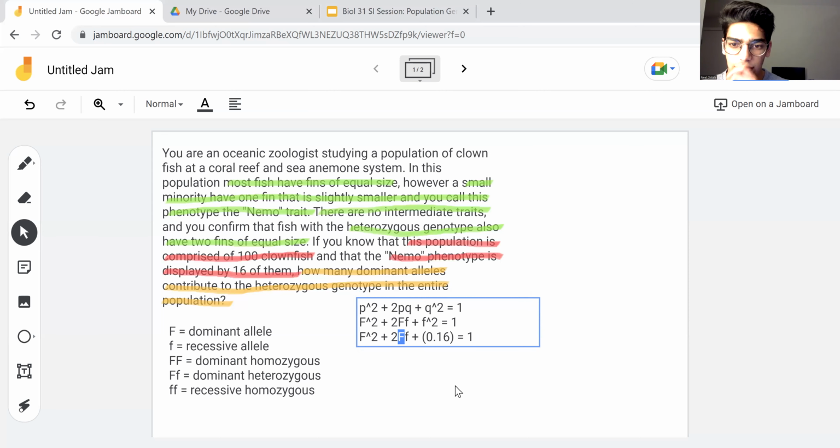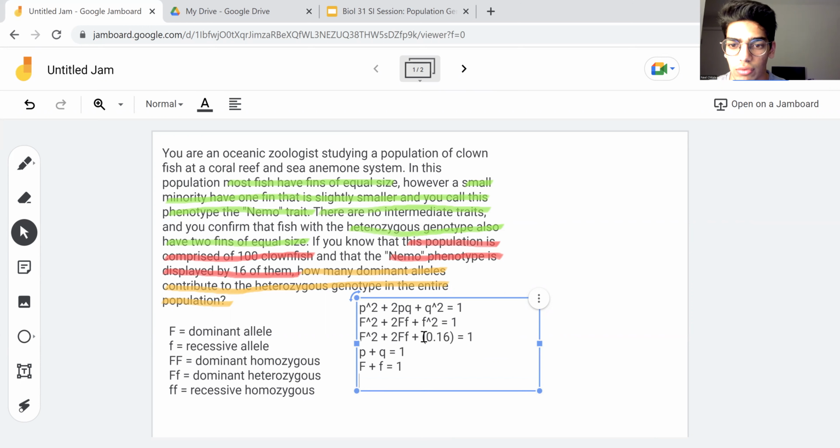It's going to be really hard to get to this variable just by using this equation. So I'm going to bring in our other Hardy-Weinberg equilibrium equation, which is p plus q equals 1, and use that to find p. In this case, big F plus little f equals 1. To get little f from little f squared, we take the square root of little f squared.